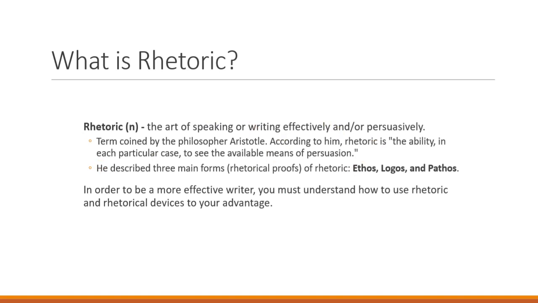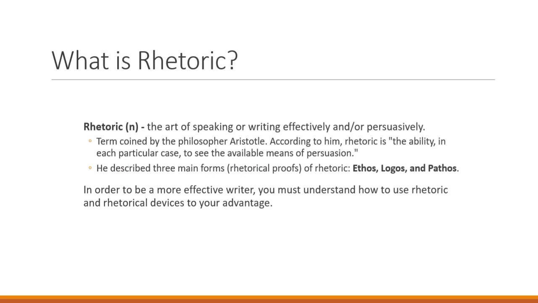That means you have an idea. I'm asking you about something. I'm asking you, what do you think about books? The idea that you have needs to be good enough to persuade me. If I don't like books, I'm expecting from you to change my outlook and make me think that books are good. He described three main forms.